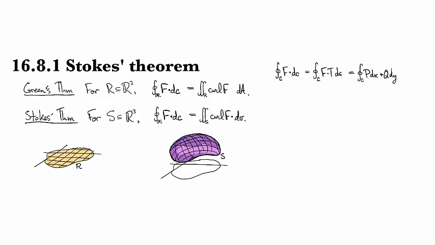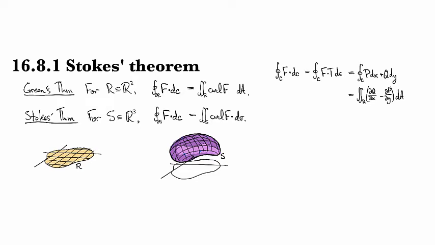And then Green's theorem tells us that this is equal to the double integral over the region interior to C of the quantity dq dx minus dp dy, and that's with respect to d area.